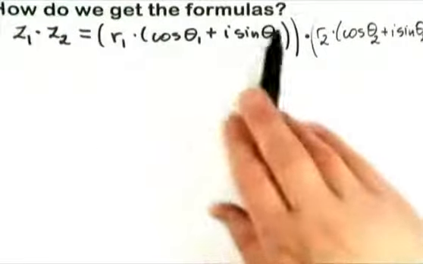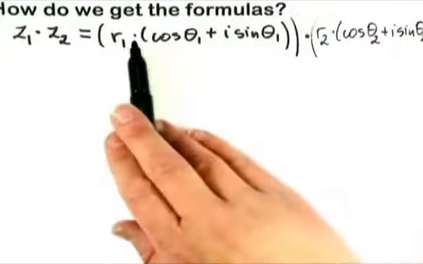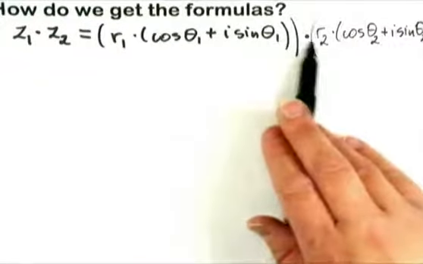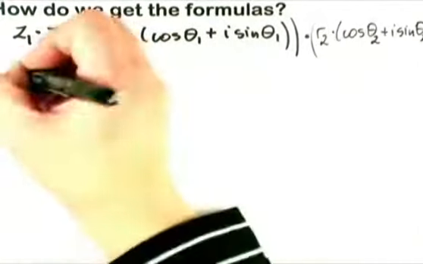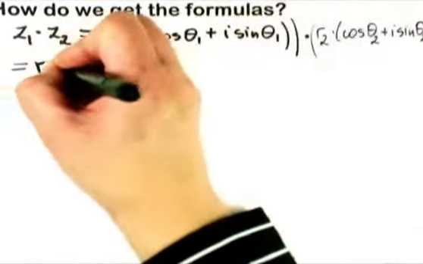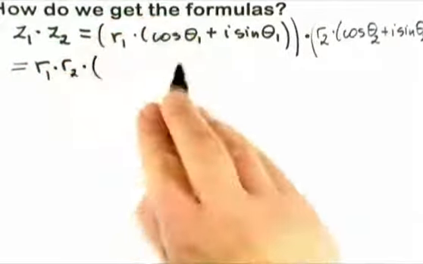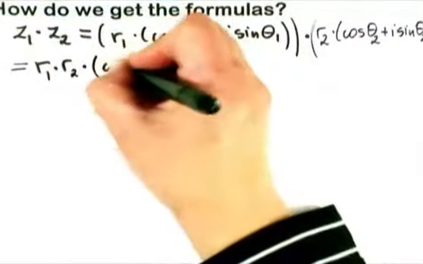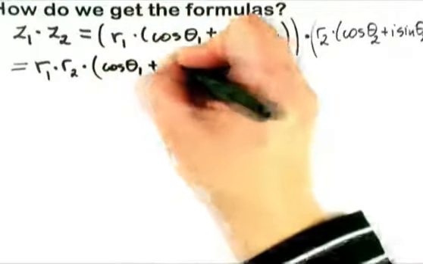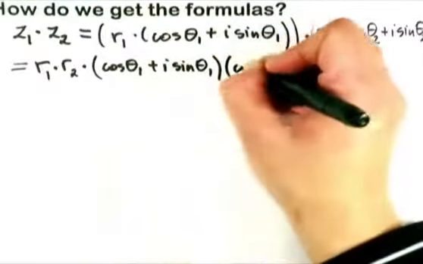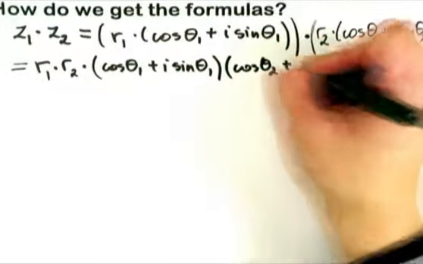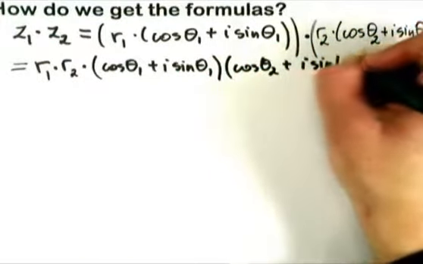Everywhere is multiplication. I treat each big bracket as a factor, so I can rearrange and put r1 and r2 together. So this is equal to r1 times r2 times (cos theta 1 plus i sine theta 1) times (cos theta 2 plus i sine theta 2).